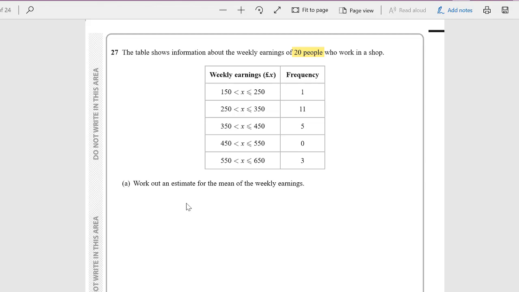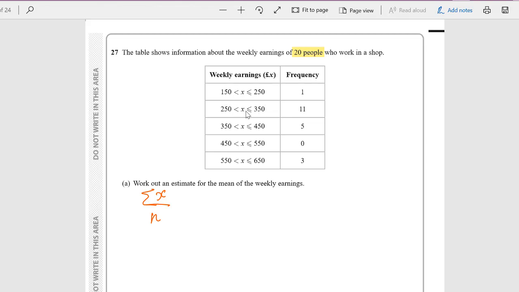So the question is to work out the estimate for the mean of the weekly earnings. We know that the estimate is essentially the sum of x divided by n. N is the number of terms, or the frequency that's here. Now, it would have been easy for us to simply use this formula if we had a discrete number, but here you can see we have an interval.